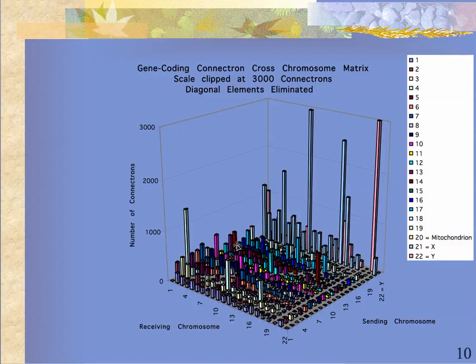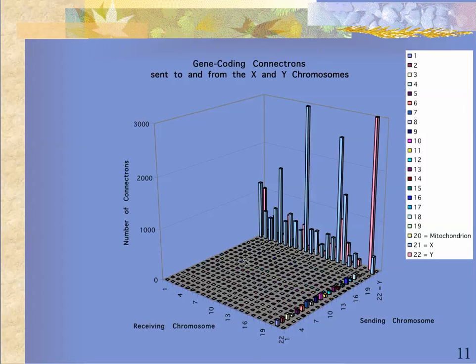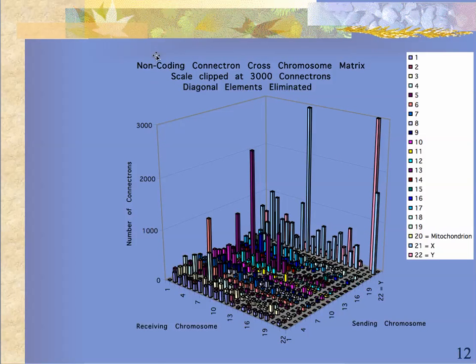And again, if we clip away logically the 19 by 19, then we see that as far as gene coding connectrons are concerned, that is, the gene coding means the source of the RNA is normally from an intron of a gene, that's what it really means, each chromosome sends gene coding connectrons to X and Y, and that Y sends to X, and X sends to the 19.